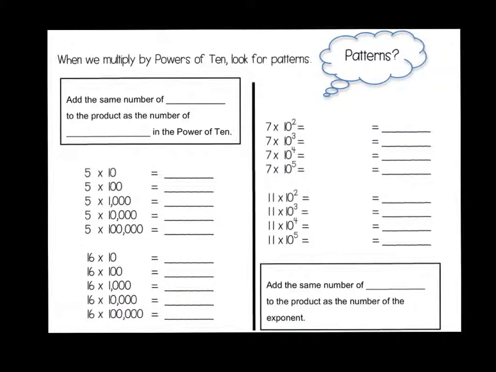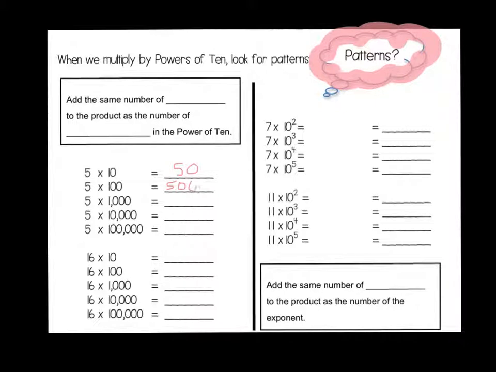Now, you might wonder what it's going to look like if we multiply powers of 10 by other numbers. And just like we did before with exponents, we're going to look for patterns. So if you see in our first example here, we have 5 times 10, and we know that 5 times 10 equals 50. So we might also know that 5 times 100 is going to give us an answer of 500.